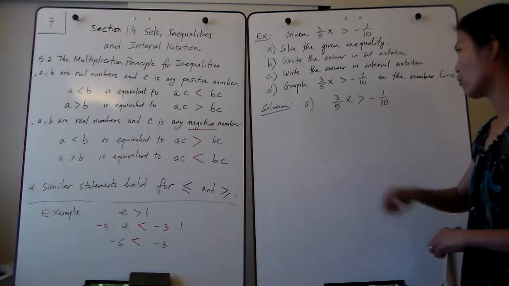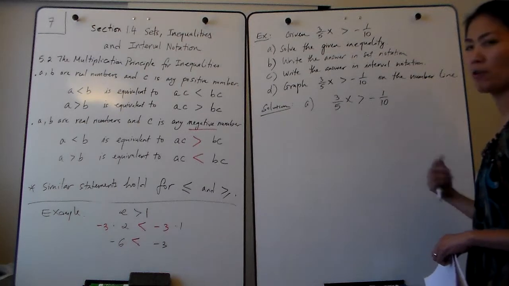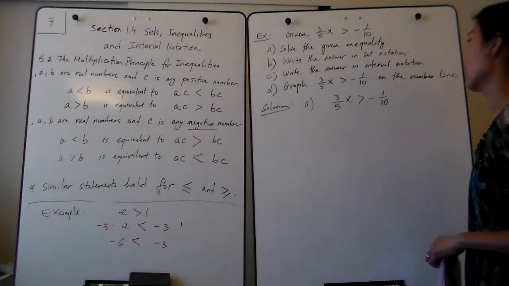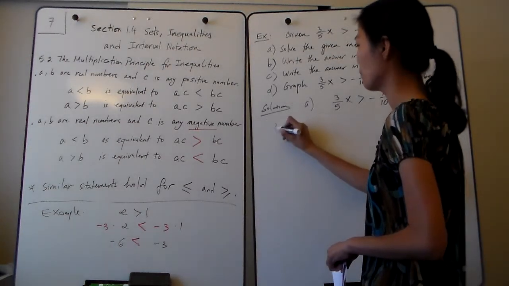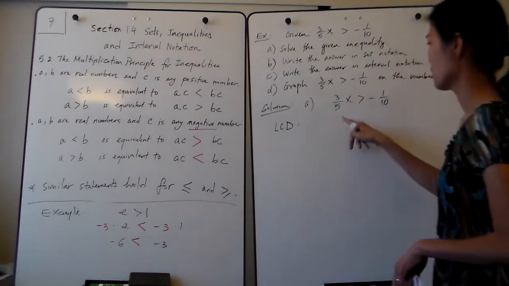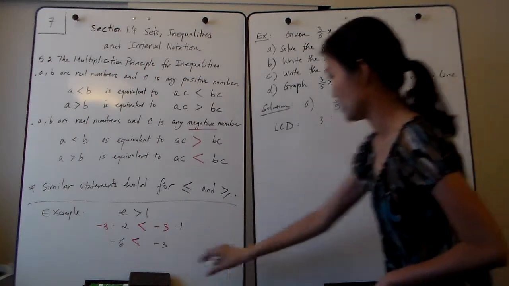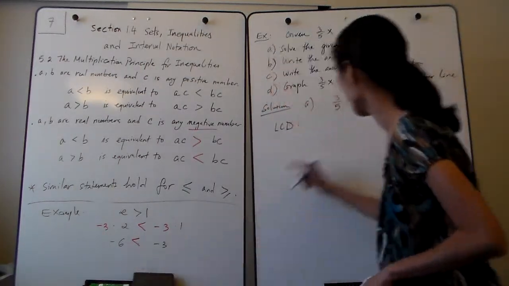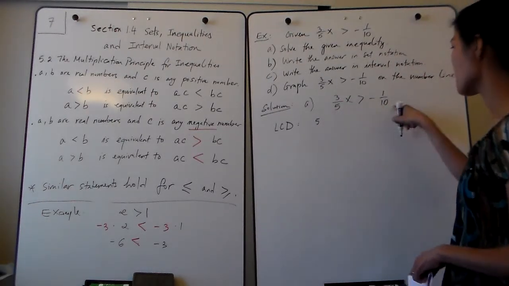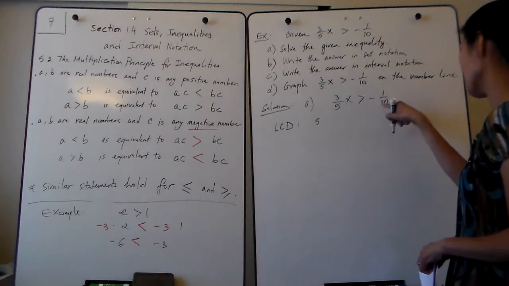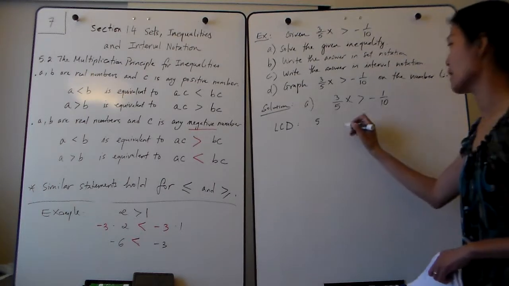Now, there are multiple ways you can approach solving this problem. I would probably start with finding the least common denominator. The coefficient 3/5 has a denominator of 5, and the other number, 1 divided by 10, has a denominator of 10.